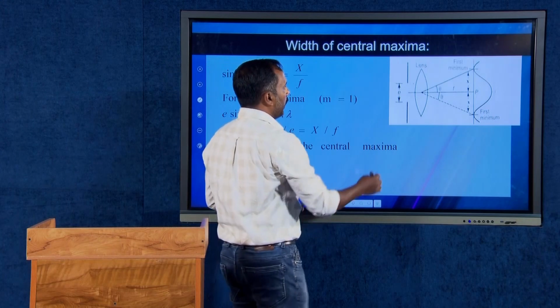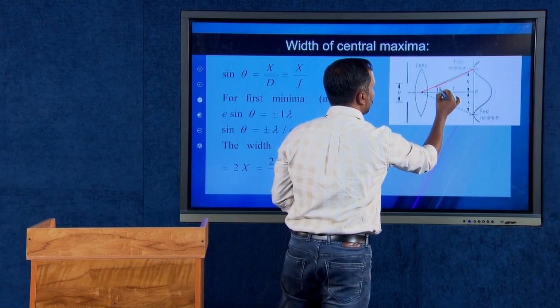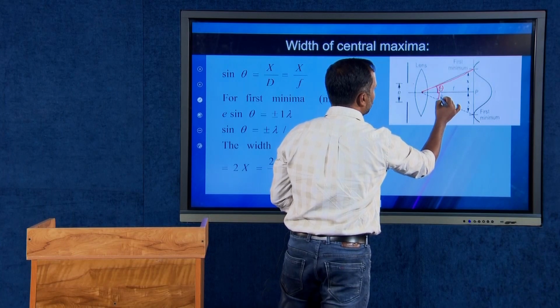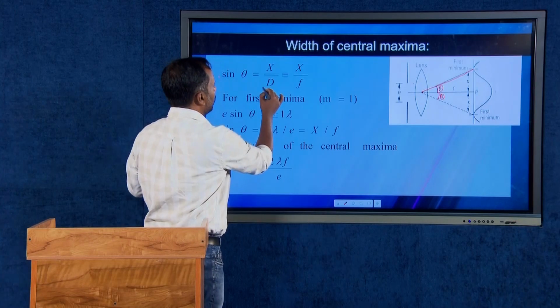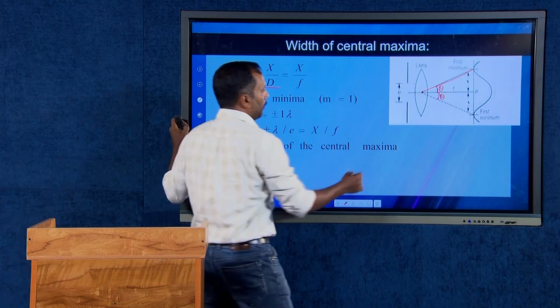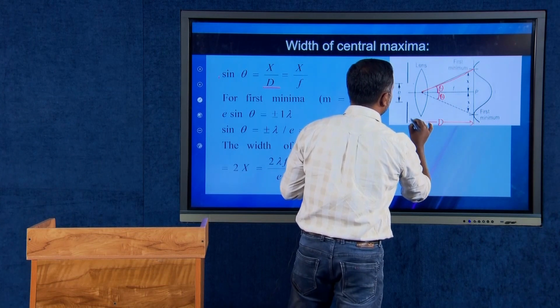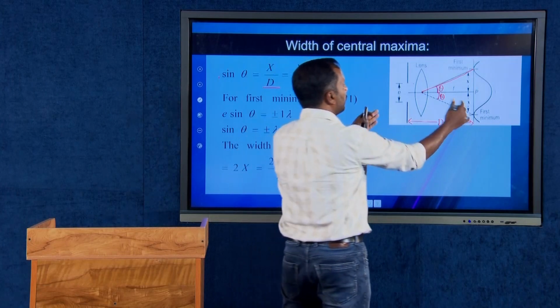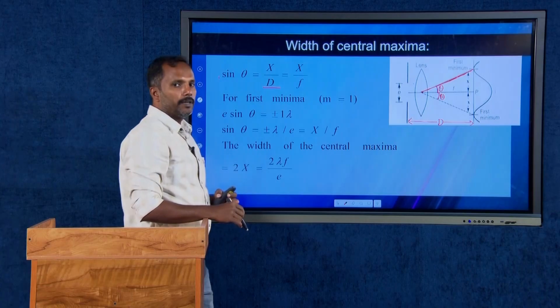So, we are taking a right angle triangle from here. This is theta, and here this is also theta. So, I am taking sin theta. So, sin theta is x by D, opposite side divided by the hypotenuse. I am taking D as the distance between source and screen. If the distance is large, this distance is approximately equal to the capital D itself.